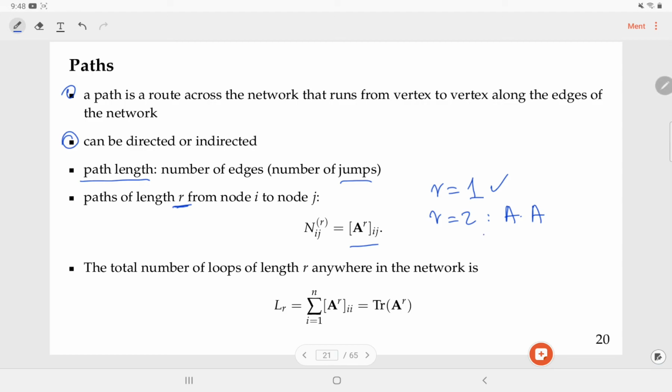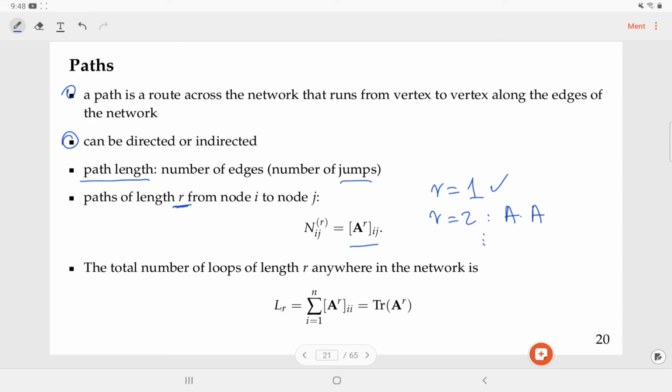Right, and then apparently it turns out that if we raise it to the rth power, then we get a non-zero number at entry i, j if we have a path of length r between node i and j in the original graph. So that's really amazing.